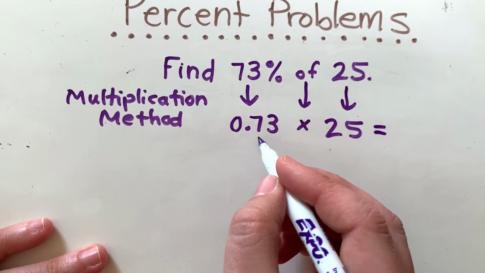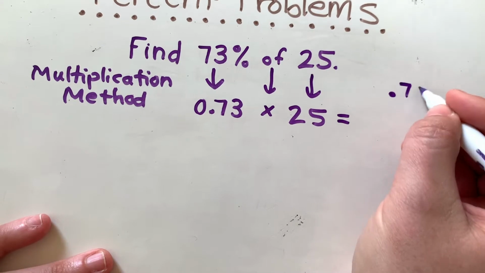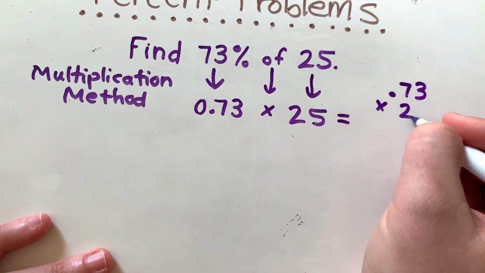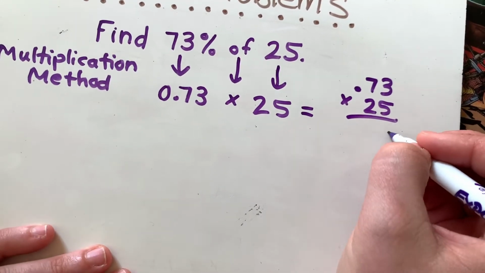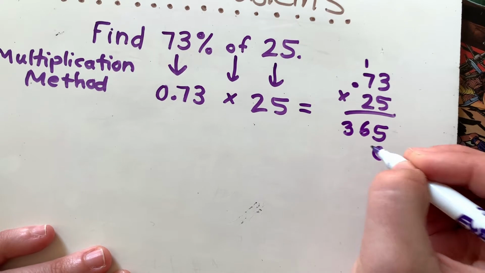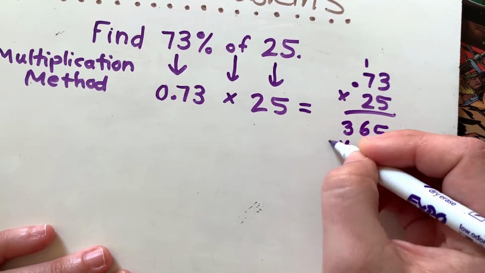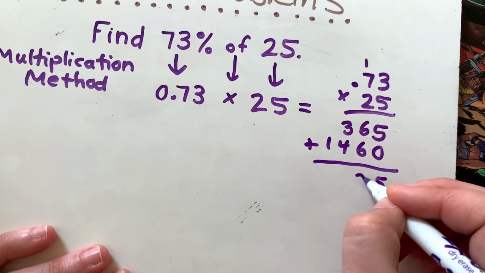So we're going to multiply 73 hundredths times 25. If you'll notice, I did not put that 0 in front of my decimal because I actually don't need it. Okay, 3 times 5 is 15, 3 times 2 is 6, placeholder, 7 times 5 is 35, 7 times 2 is 14. I'm going to add these together.